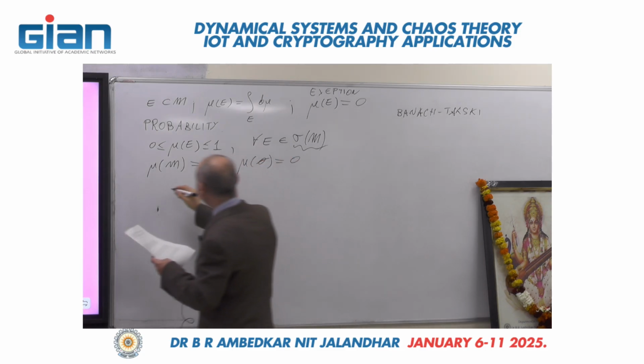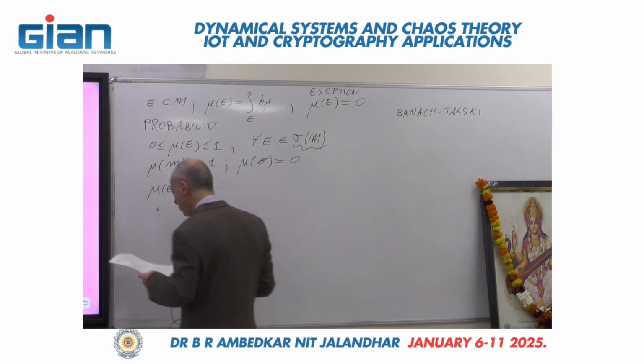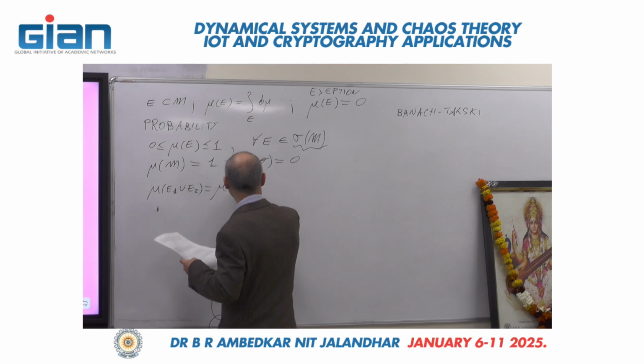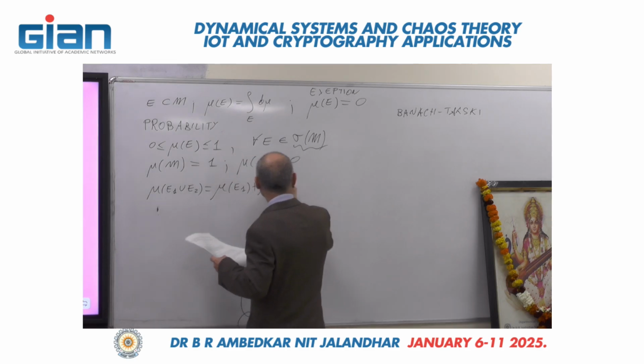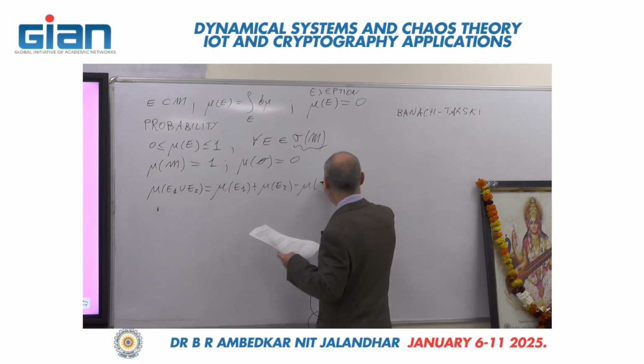And then you have this property: mu of E1 union E2, if they both are in the sigma algebra, equals mu of E1 plus mu of E2 minus mu of the intersection.